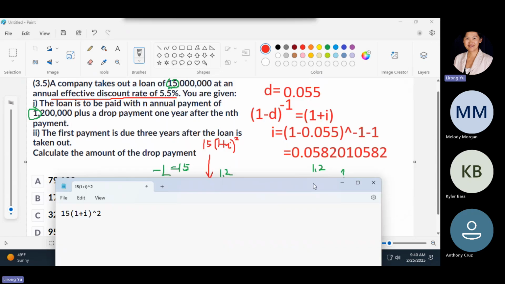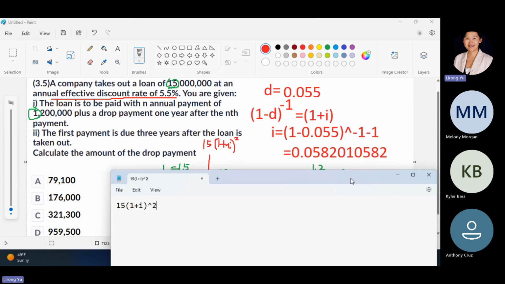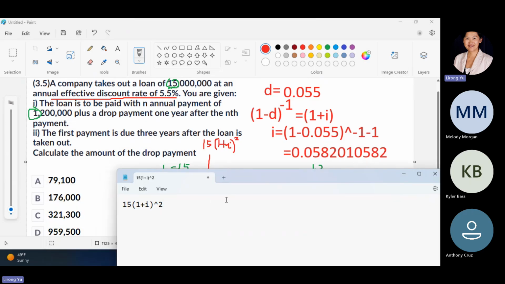We have the i right here, but I find the decimal a little bit hard to write in, so we would do 15 times 0.945 to the -1 power, and then -1. So I'm using that one as my i, but then you have to do i plus 1, so that is -1. And this one is raised to the power 2. So that's 15 times (1 plus i).